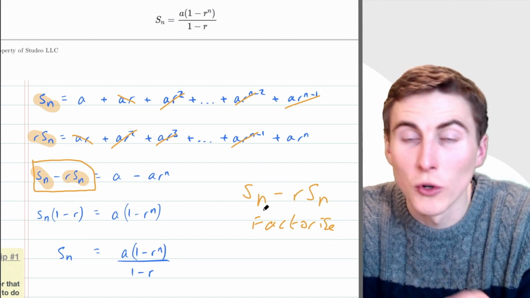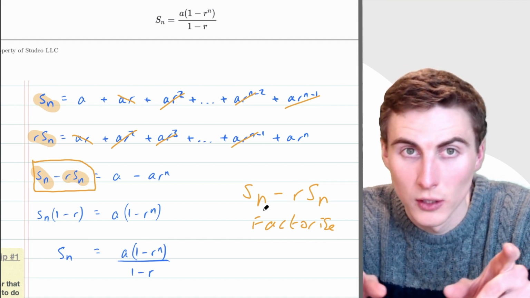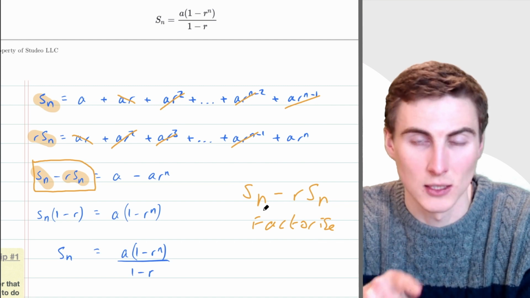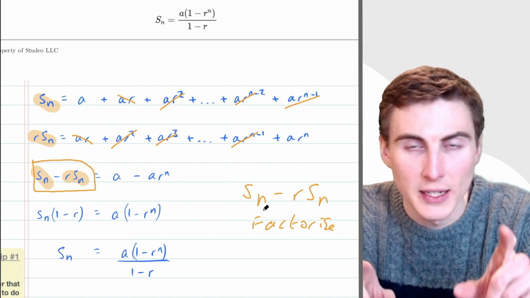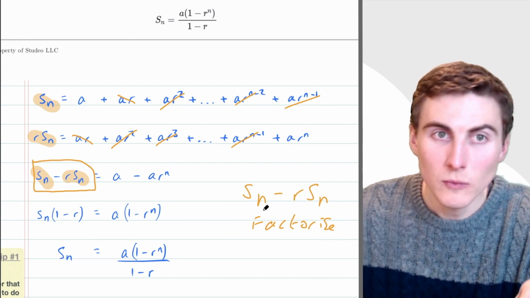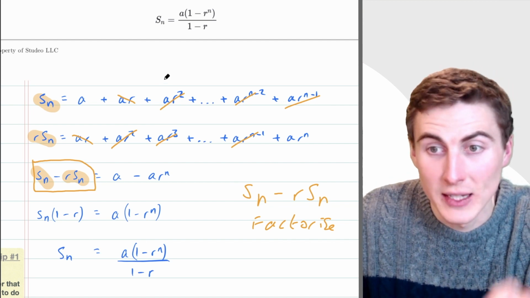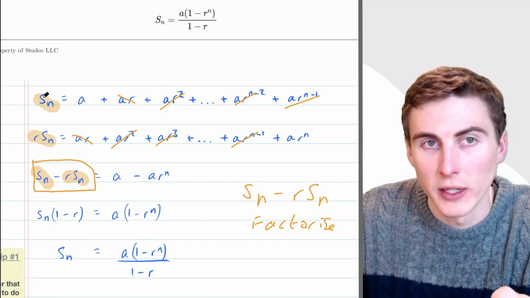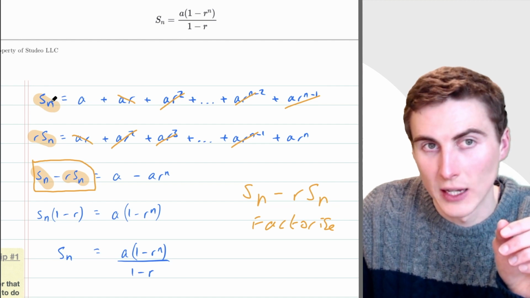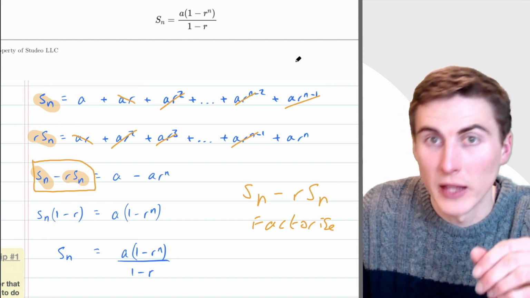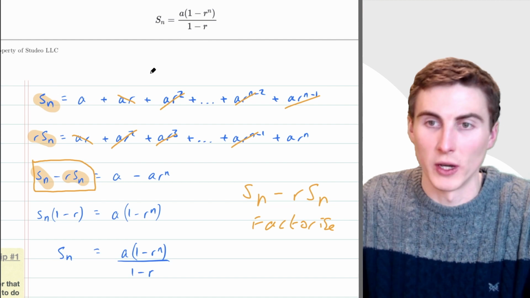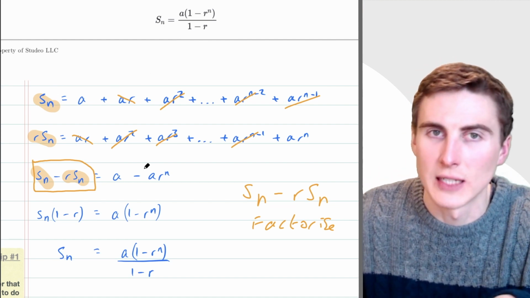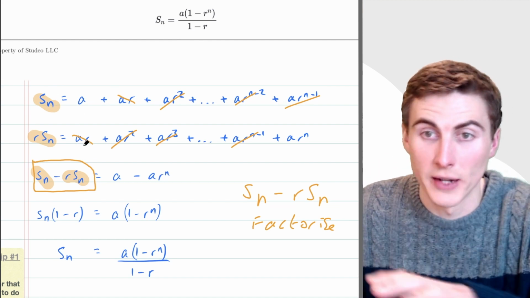I don't know if you've watched the video already on proving the arithmetic sum formula, but it is similar in a way. When you prove the arithmetic sum formula, we write out Sn, and then we reverse it and write it out the other way and add them together. So it's a little bit different, but there are analogies.